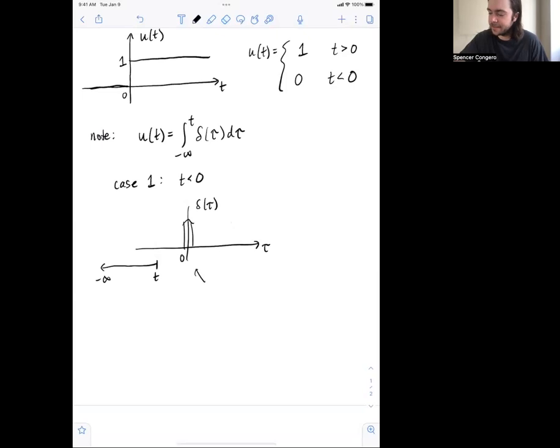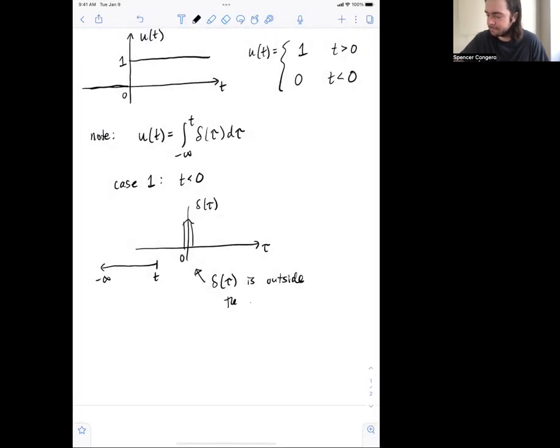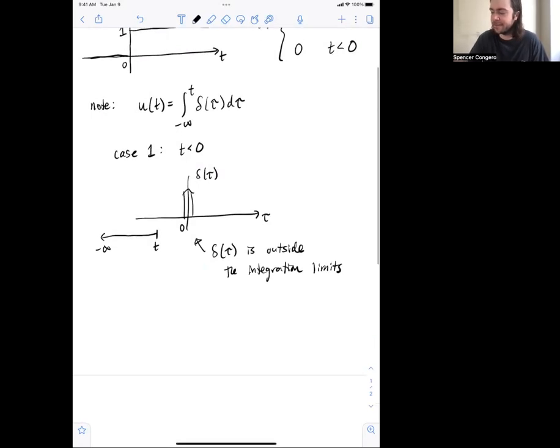You can see here that the delta function is outside the integration limits, and so we're really not integrating anything. We're just integrating 0. So when t is less than 0, the integral of this delta function is just 0.